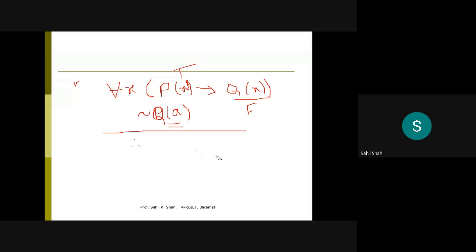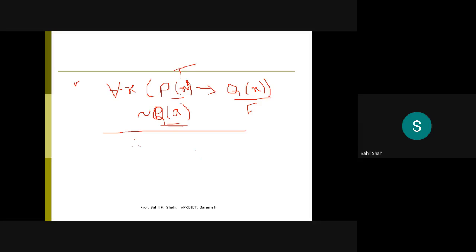So this one is negation of Q of a. Now can you tell me what will be the conclusion? If the second one is false, what should be the first one?